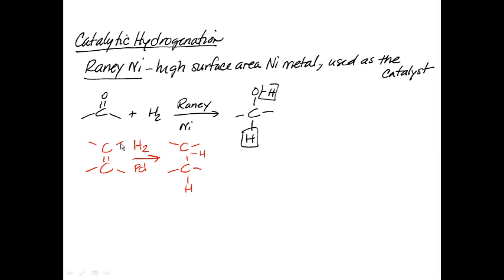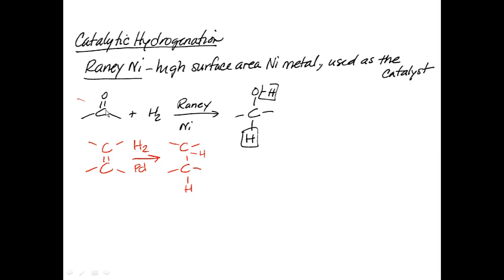So when we reduced our carbon-carbon double bond down to a carbon-carbon single bond, we used hydrogen gas and palladium. Couldn't I do the same thing with a carbon-oxygen double bond? Yes and no. Yes, we can use hydrogen, but the problem is that a carbon-oxygen double bond is more stable than a C=C bond.